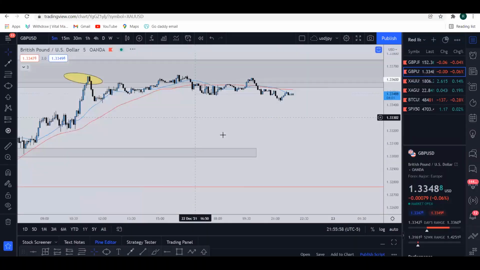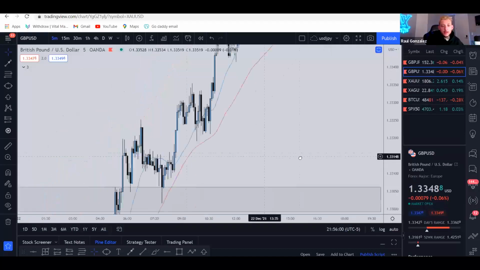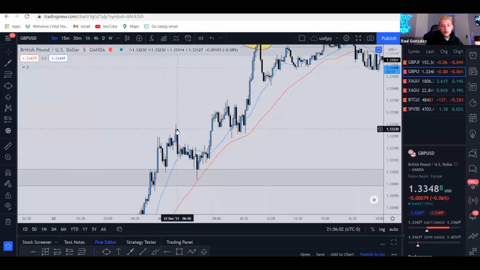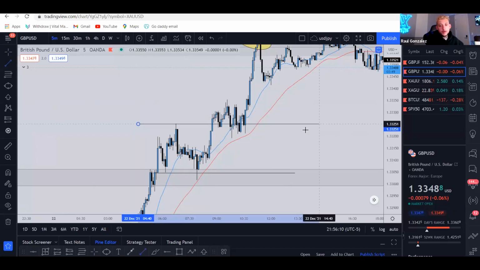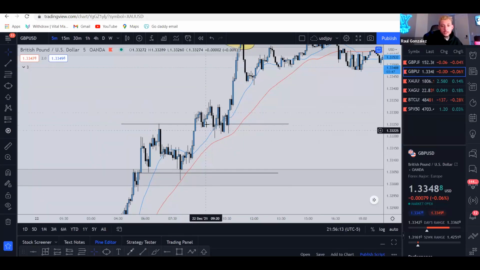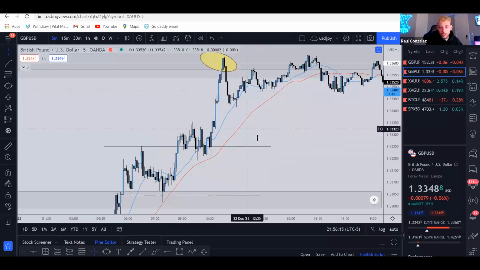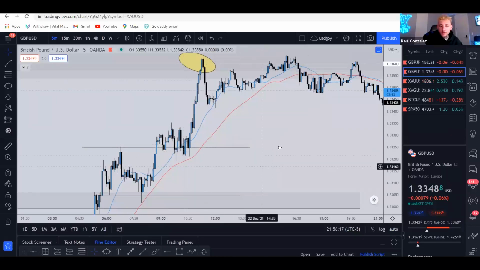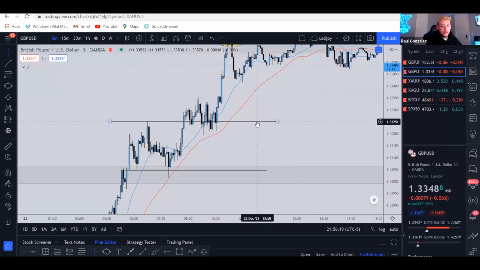If you're a scalper, then you would have been on a 5-minute time frame, and you would have seen, hey, we have market structure highs, market structure lows. Mark off the lows being down here, mark off the highs being up here. You would have seen price break above the highs, bounce off the highs, and then continue to trade higher. You could have taken a buy off of that. But I focus mainly on supply and demand, support and resistance.